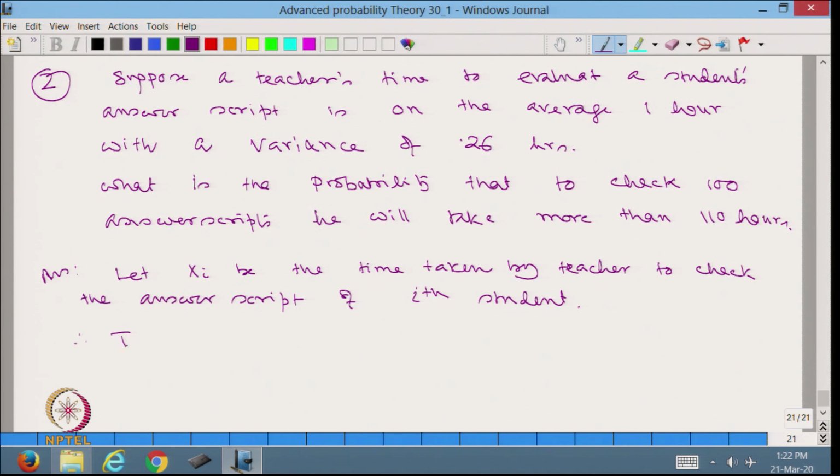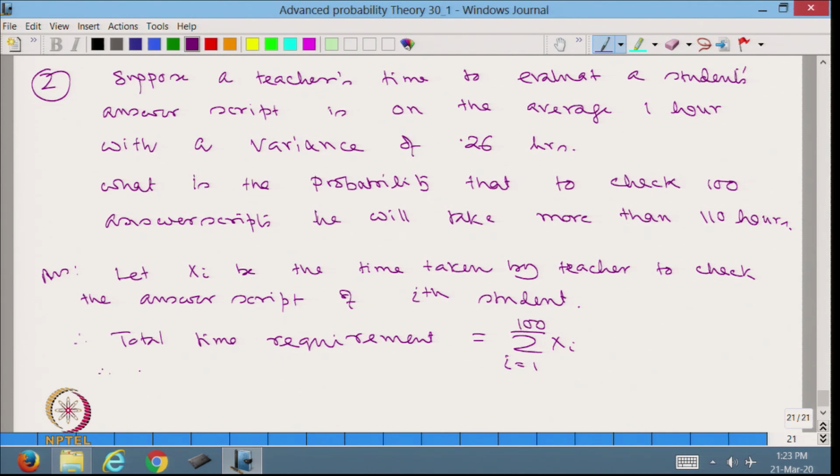Therefore, the total time requirement is equal to sigma Xi, i equal to 1 to 100.